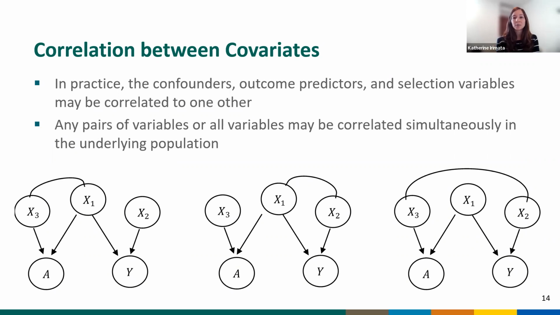And the DAGs shown at the bottom of the screen show different potential relationships that could exist when we have correlation between, for example, our confounder and our selection variables in the first graphic. So any pairs of the variables as shown in the different pictures below, or all variables, could be correlated simultaneously in the underlying population. And so it's important to understand how this can impact what variables we need to include in the propensity score model.